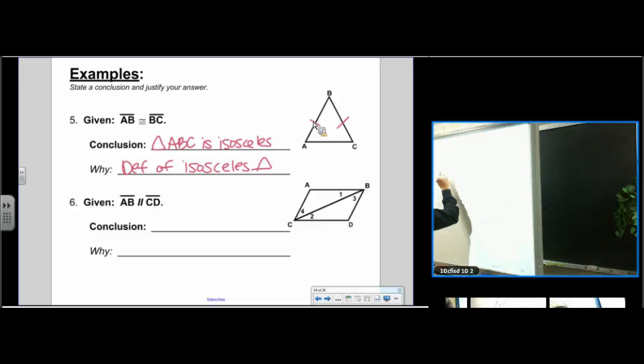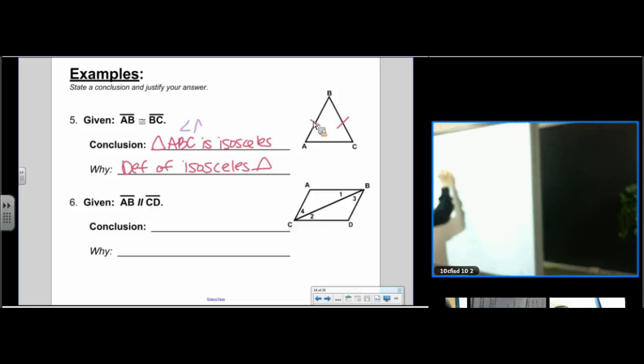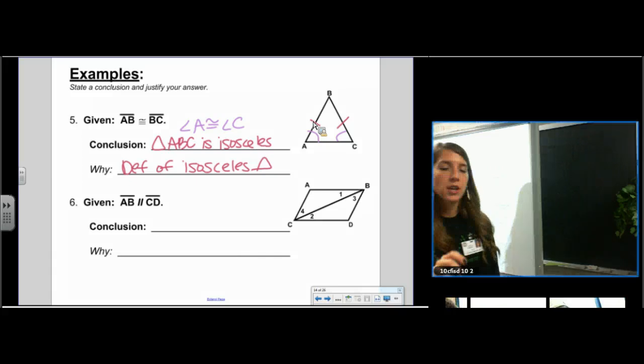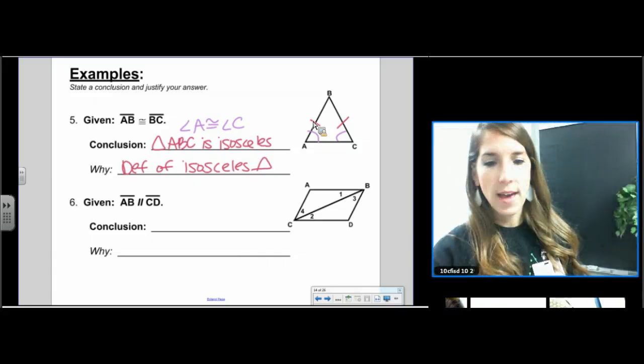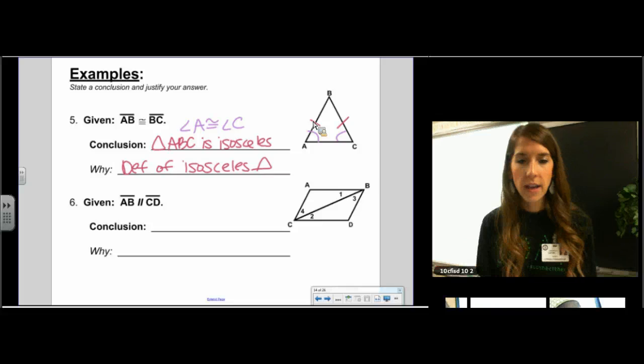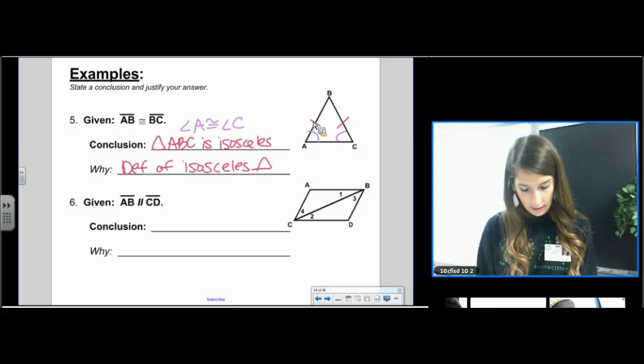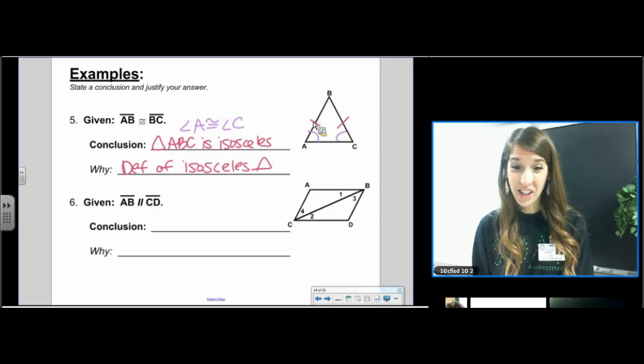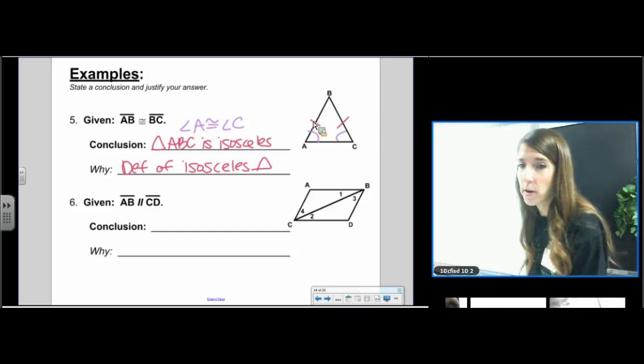The other acceptable answer would be angle A is congruent to angle C. And take a look at your sheet and find what the why is for that one. Look at number 41 on your sheet. That's a long sentence. Do you see number 41?